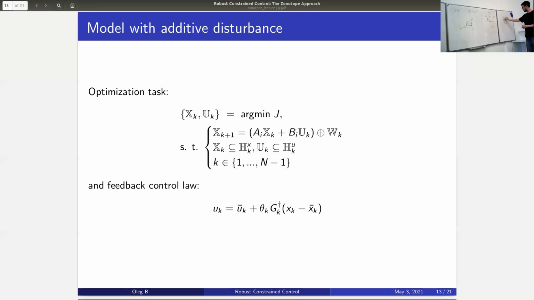For example, you can build a bounding box.